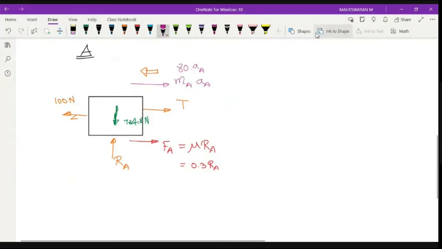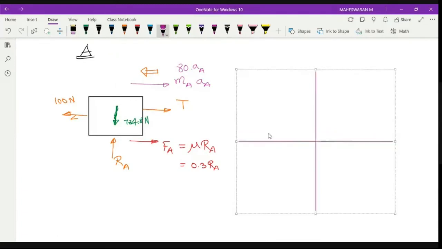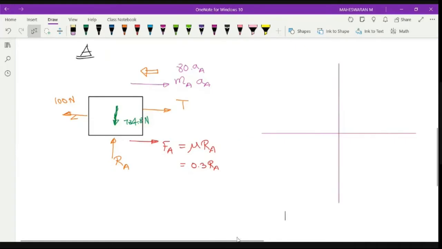Now, let me consider this force diagram and identify what forces we have, right? So we have one force here, which is 100 Newton, acting along this direction.